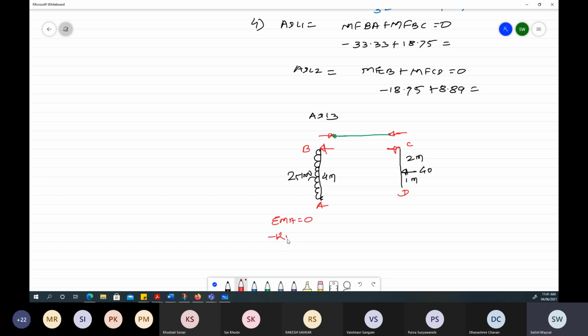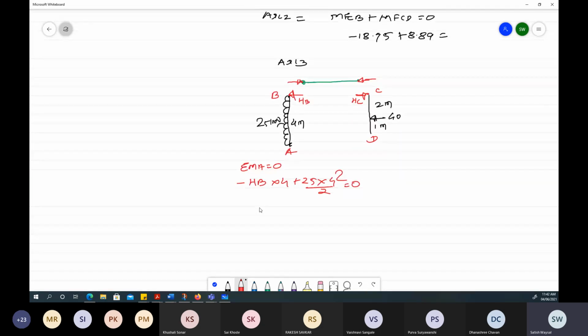Let us say minus HB, and this is HC, HB into 4 plus 25 into 4 square by 2 is equal to 0. So this will give you HB equal to how much?